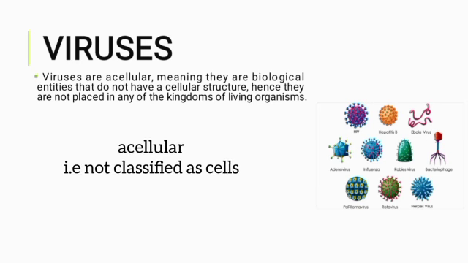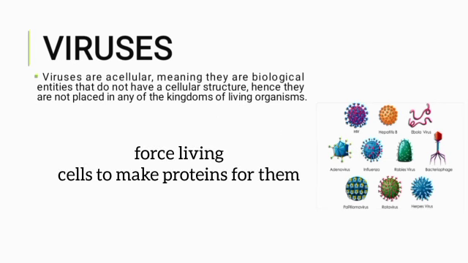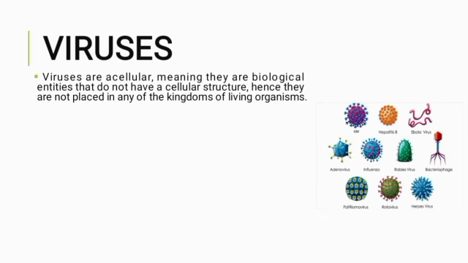They are acellular, and they are biological entities, but they do not have cellular structure or organelles like the endoplasmic reticulum, like the ones we have. Instead, what they do is that they hijack the cells of other living organisms to make their own proteins. They are not capable of making proteins for themselves, although they have RNA and DNA, but they don't have the mechanisms, the other organelles that will be able to kickstart the process.